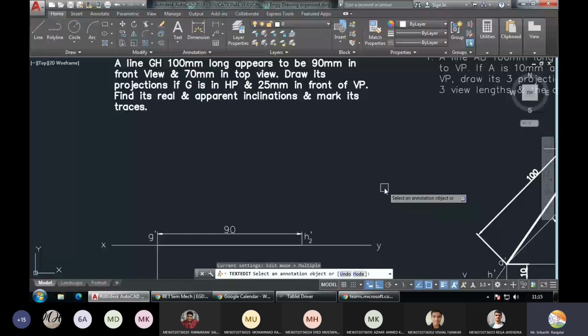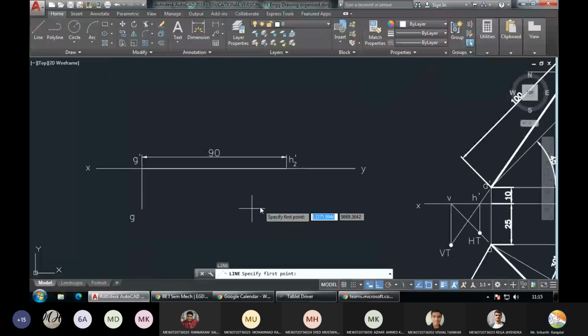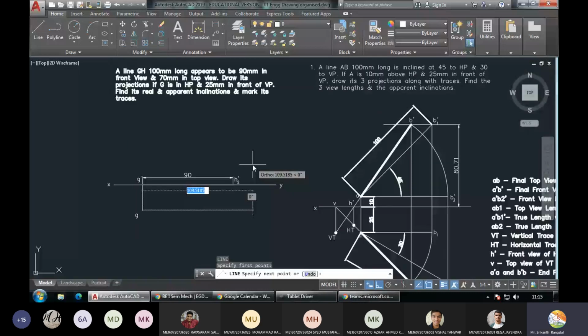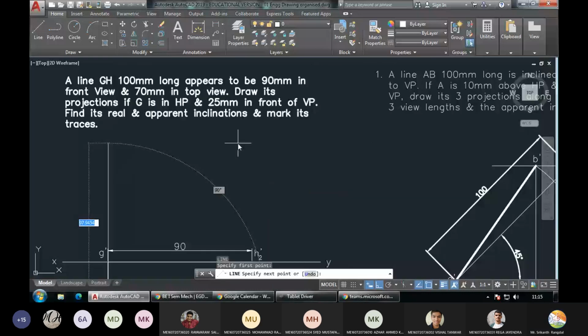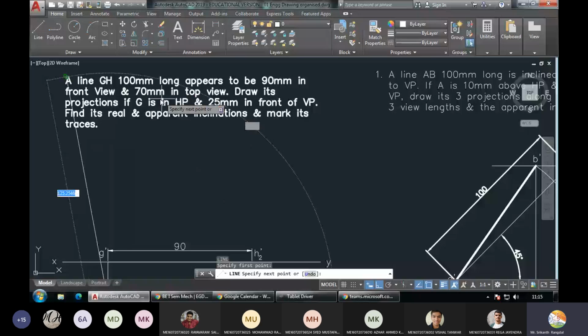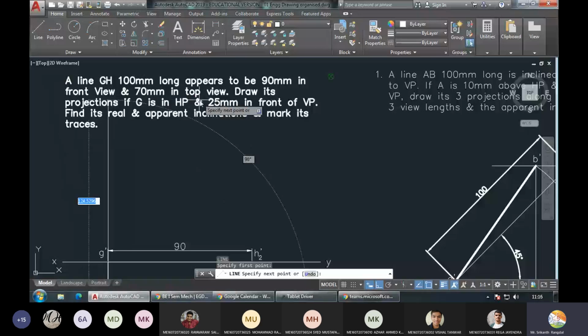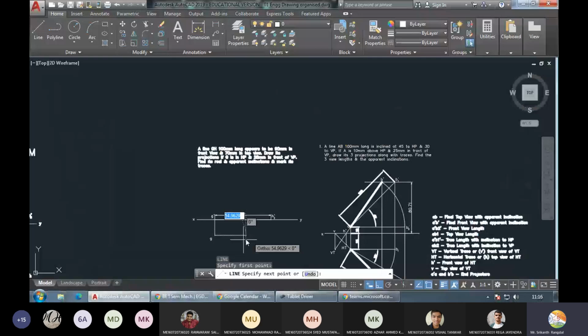Next, take another line from this point. What is the top view length? 70 mm, right? 70 mm is the top view length. So from G, take 70 as the horizontal length.